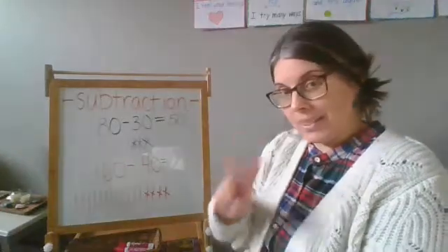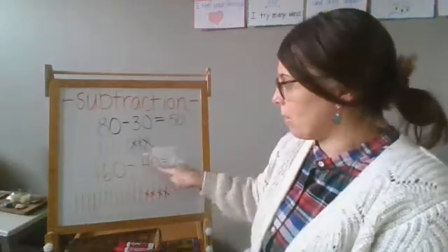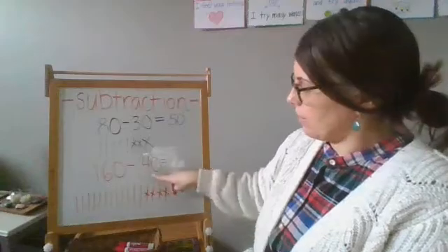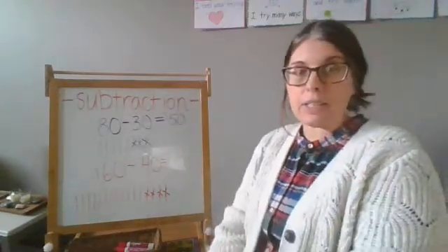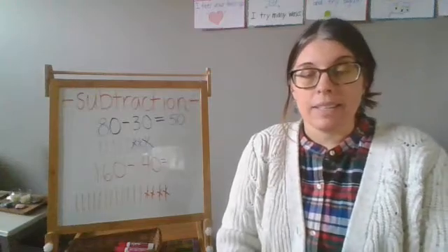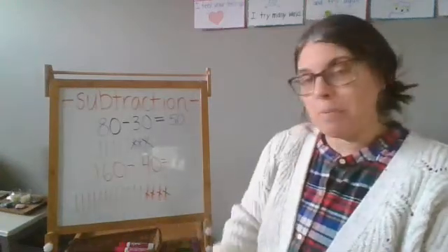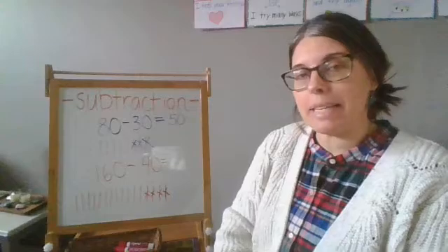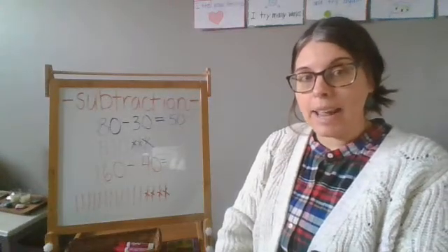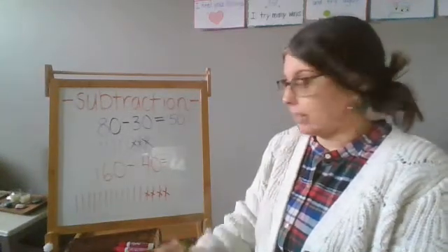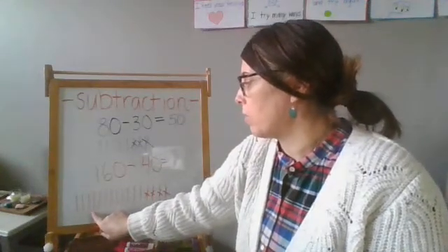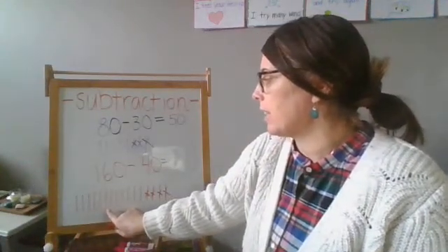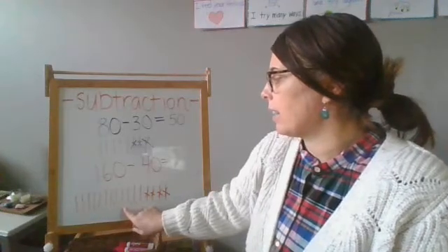Okay, that was step two. Take away 40. So cross off this many. Now, how do we figure out how many we're left with? What do we need to do? Count how many is left. But remember, do I just count them or do I have to count by tens? They're tens blocks, so we need to count by tens. Okay, let's do it. 10, 20, 30, 40, 50, 60, 70, 80, 90, 100.